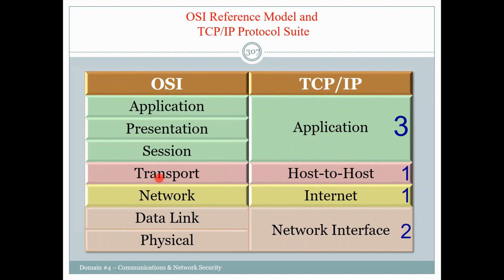Then there's a one-to-one correlation between transport and host-to-host, one-to-one between network and internet, and the bottom 2 layers do the same thing as the bottom layer of TCP/IP. Come up with a mnemonic and be able to write this down. 3112 can help you with that. Then all you have to remember is the names of the TCP/IP layers.